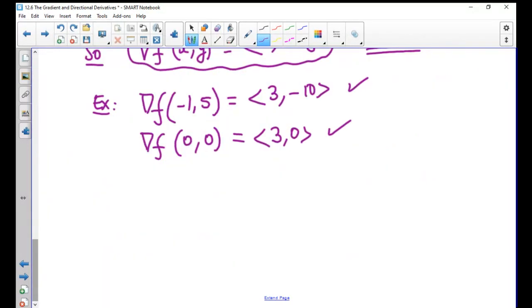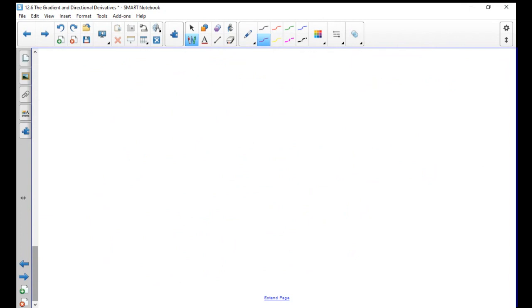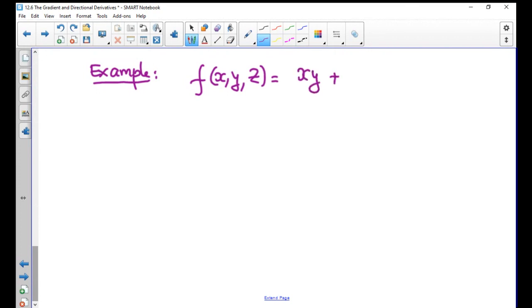With three variables, it's exactly the same thing. If I consider a function of three variables, for example f(x, y, z), let me consider xy, yz, and x squared, let's say. What is the gradient of the function?